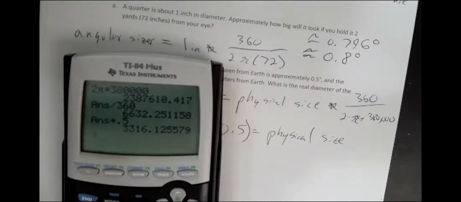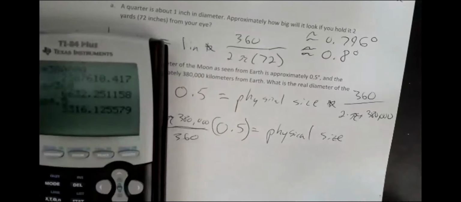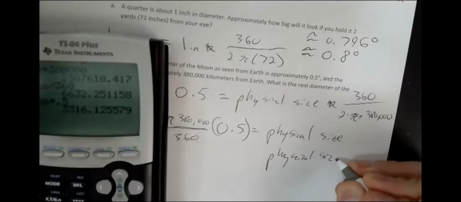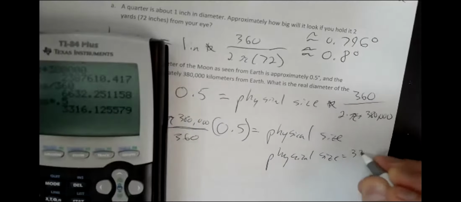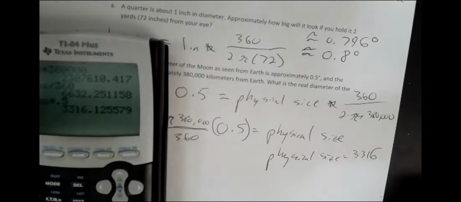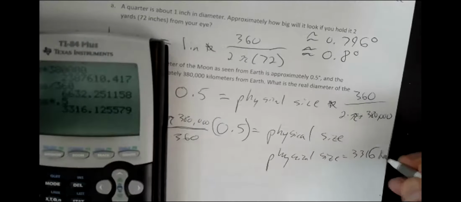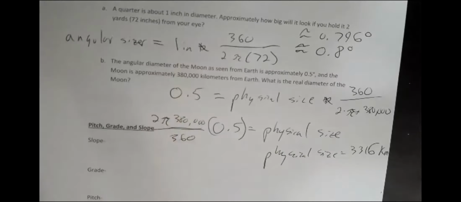And I should get 3316. And I'm talking about kilometers. The moon is 3,316, approximately that many kilometers in diameter.